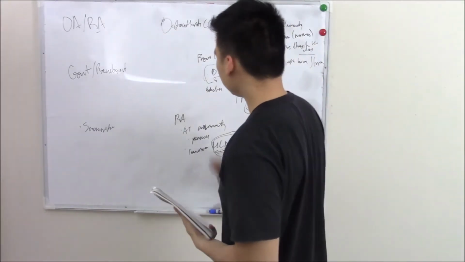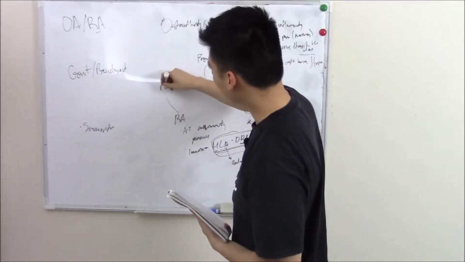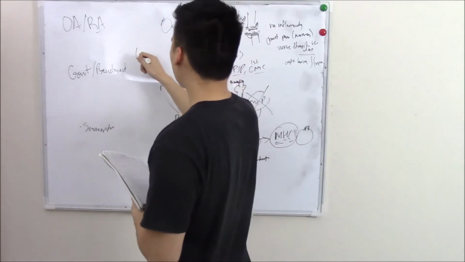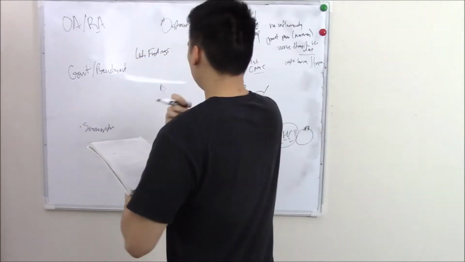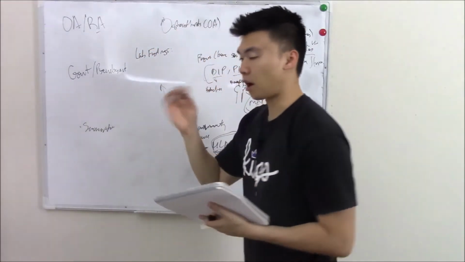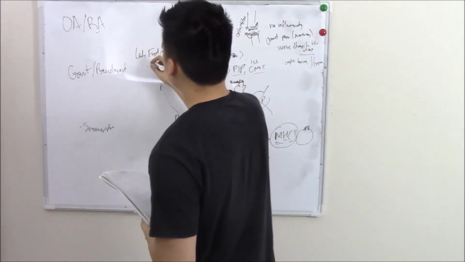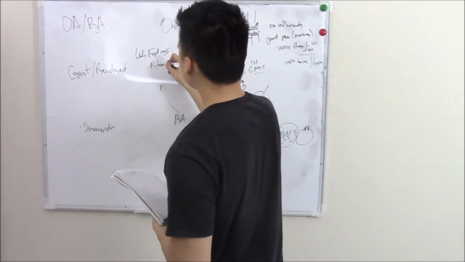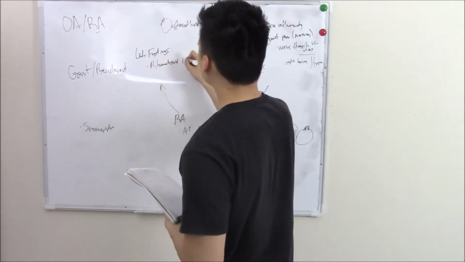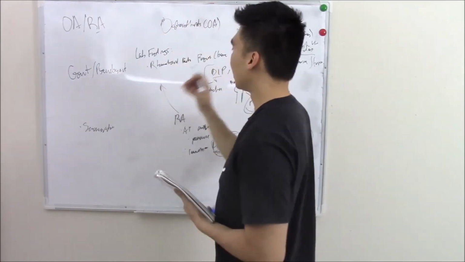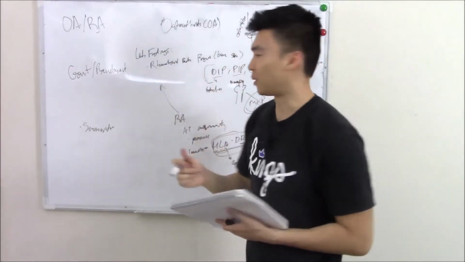So if you can imagine, you have that autoimmune inflammation. What are some lab findings? You're actually going to see the autoimmune antibodies in your blood. One of them is called rheumatoid factor, fitting name. Rheumatoid factor is actually an antibody against your own antibody. How wicked is that?